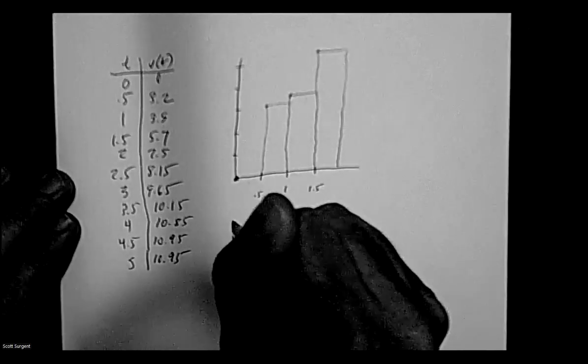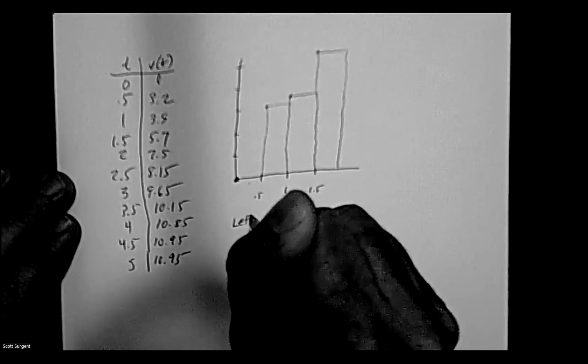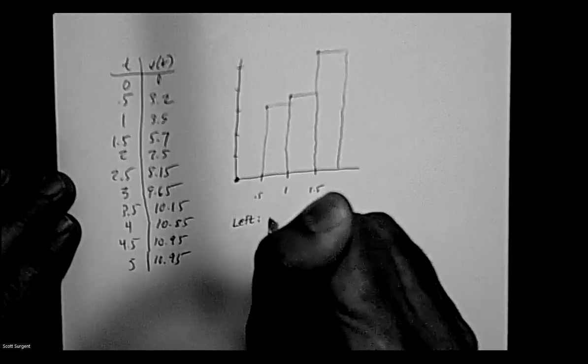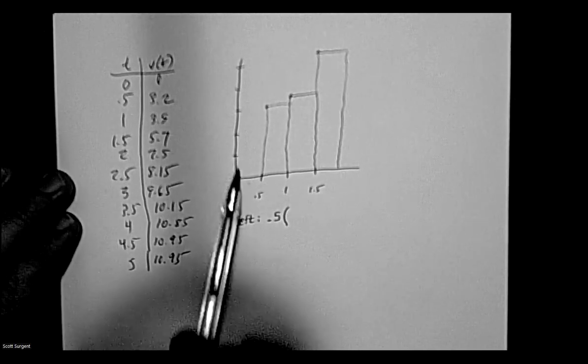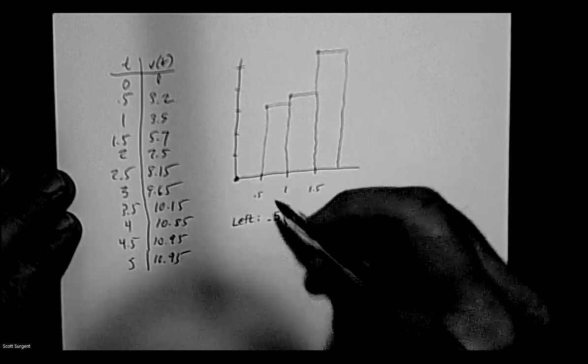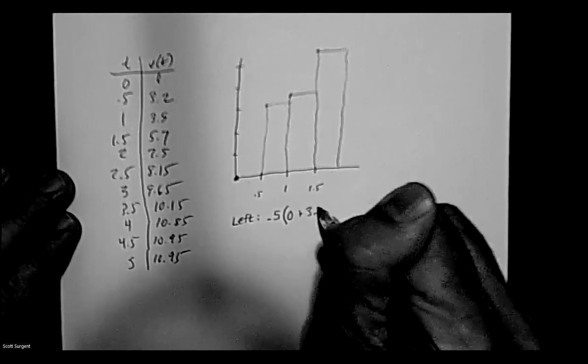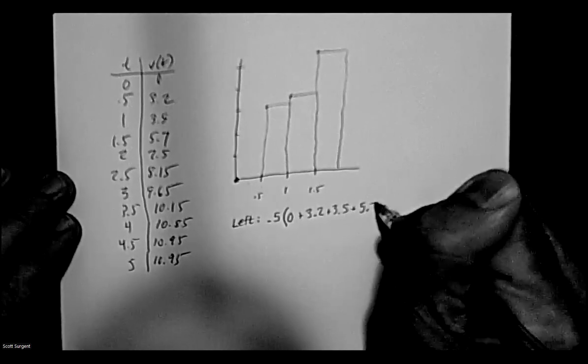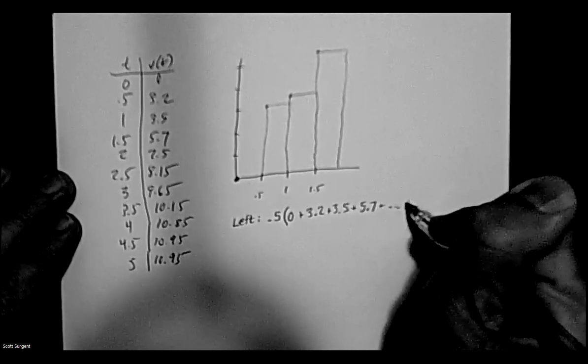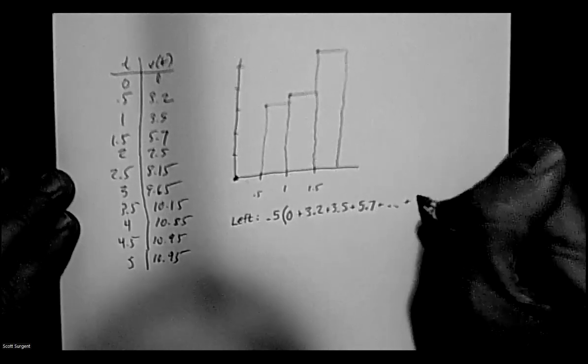So if I were to do left rectangles, each has a base of 0.5, so I'll just factor that out. These are just rectangles, so it's base times height. And I'm going to start with 0, and I'm going to add all the values plus dot, dot, dot, all the way up to this 10.95.